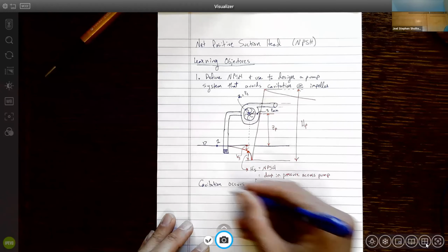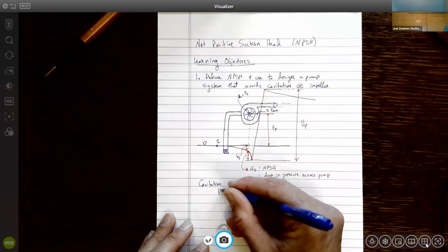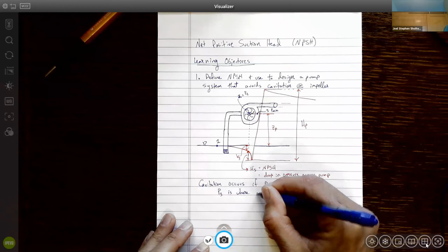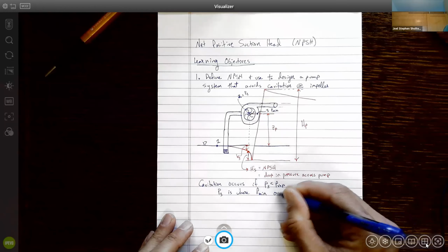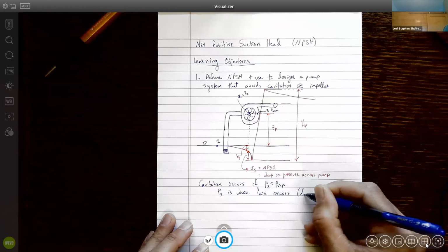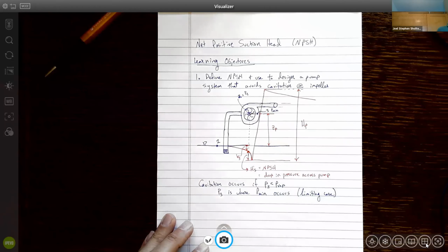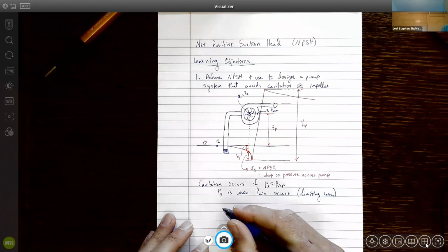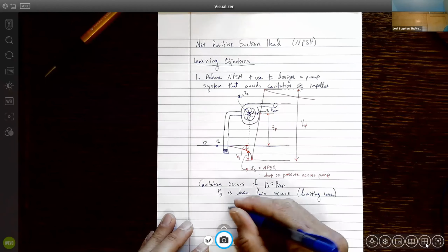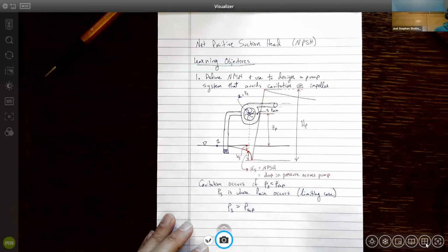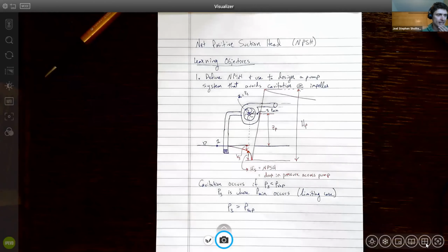The pressure at 3 is where the minimum pressure occurs, so this is our limiting case. We want to design the system so that the pressure at 3 is greater than the vapor pressure. That's our limiting case.